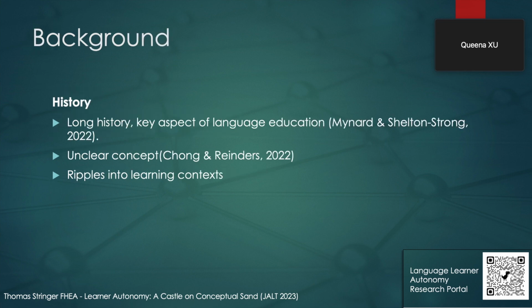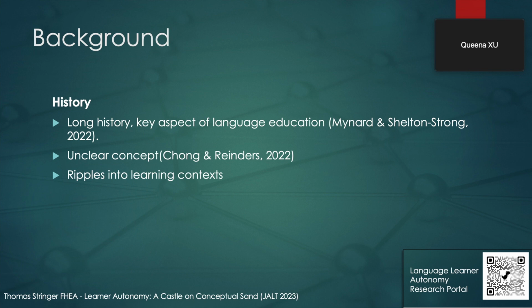So let me just get started. A little background to the history of the construct of language learner autonomy first. It has a very, very long history. It's been a topic of interest in language learning and teaching for around 40 years, and it's achieved signature status, a key aspect of language education now.